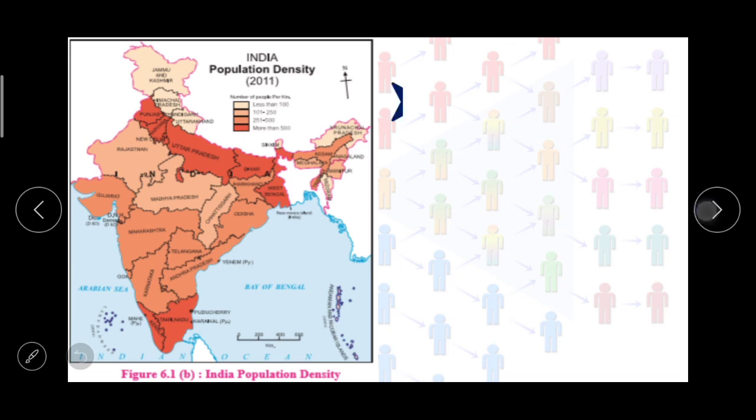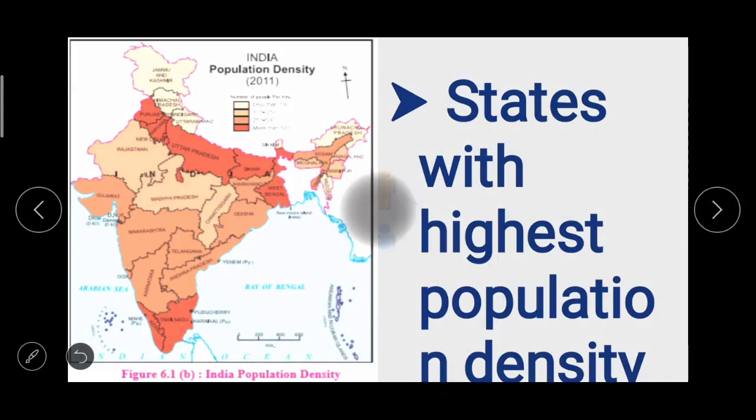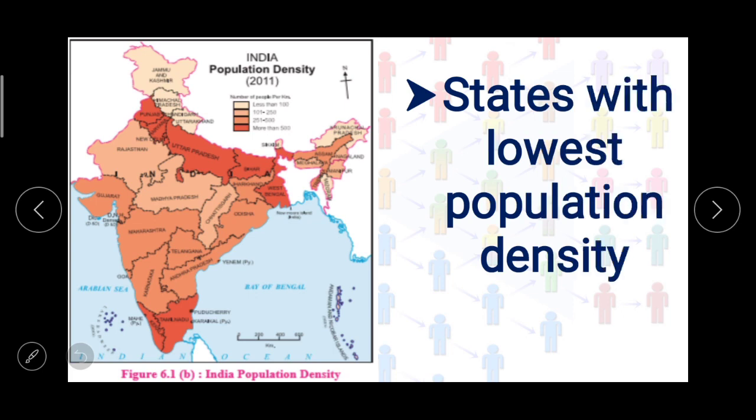Here you can see states with lowest population density and states with highest population density. By using this given information, you can answer these questions, and on the basis of the maps given, classify the distribution of population in India, and for that the table is given.